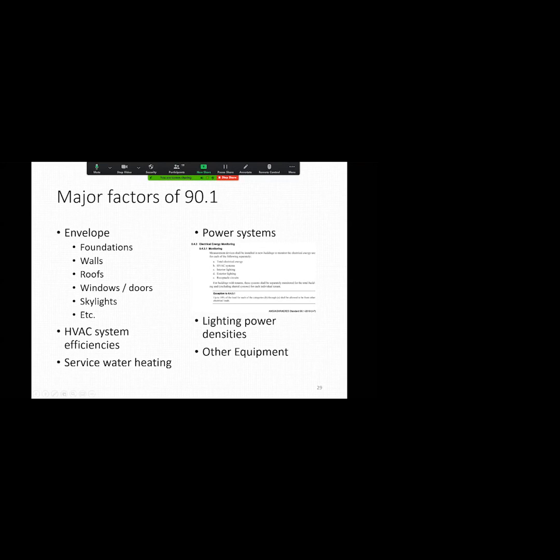So, major factors of 90.1: envelope is important regardless of what sector you're in, whether it's residential or commercial. The commercial sector is going to be subject to different occupancy schedules, but also different heating and cooling loads. If you look at buildings like the library, with the number of computers and the lights that are on, all that stuff's producing heat.